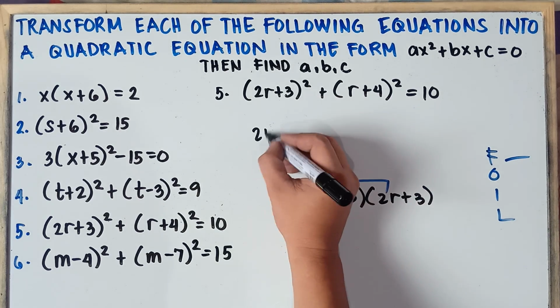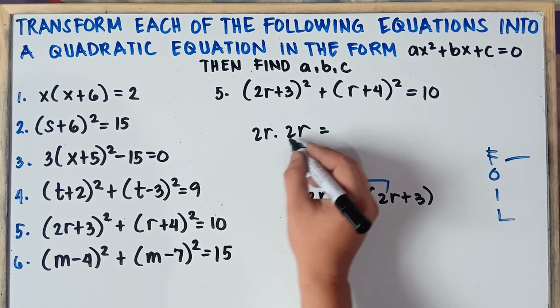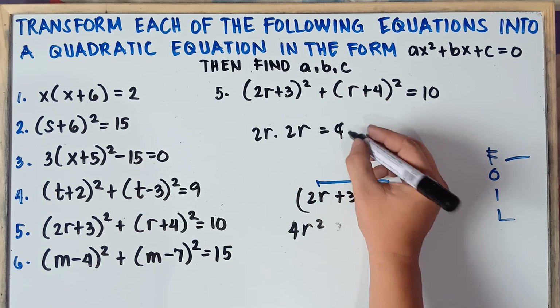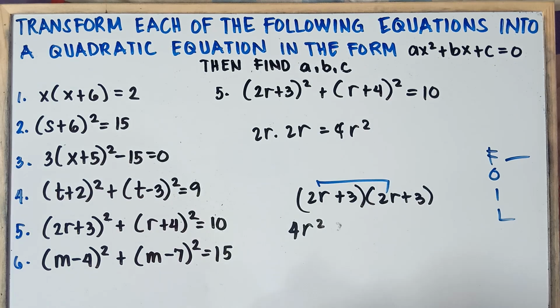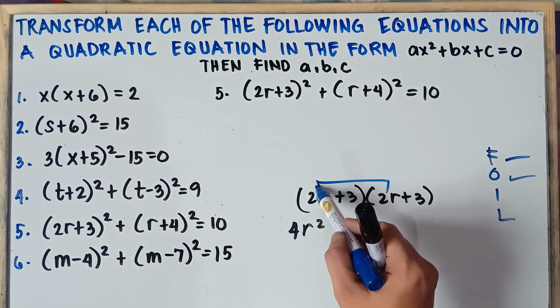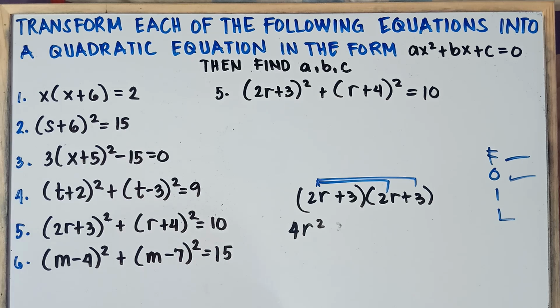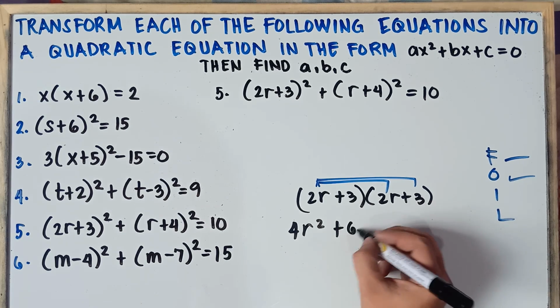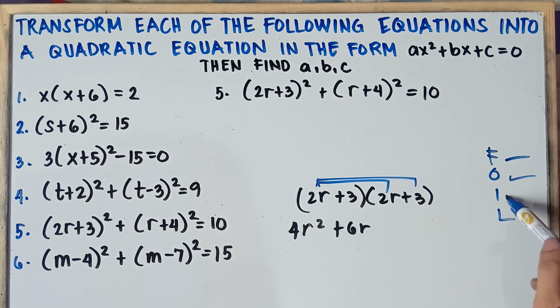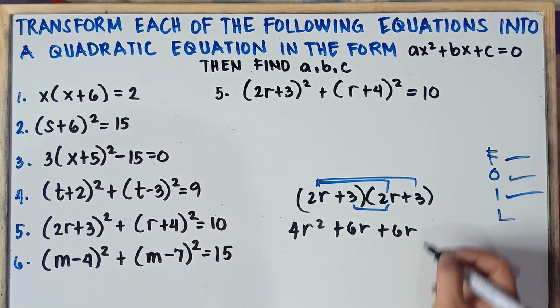Once again, class, 2r times 2r. 2 times 2 is 4. r times r, that is r squared. Do not be confused, class. 4r squared. And then outer, 2r times positive 3, that's positive 6r. Inner, 3 times 2r, that's positive 6r.